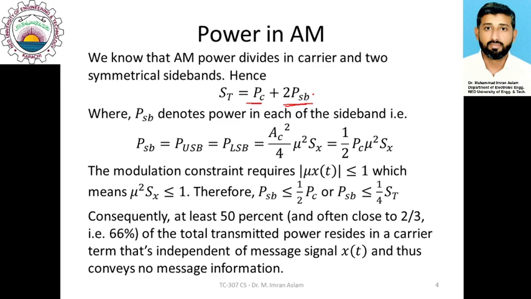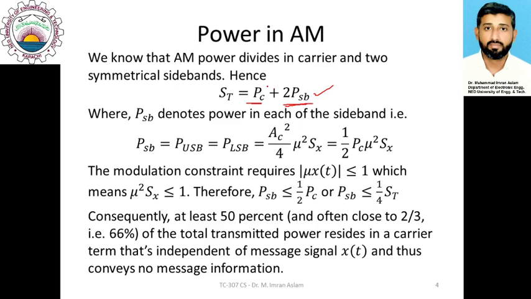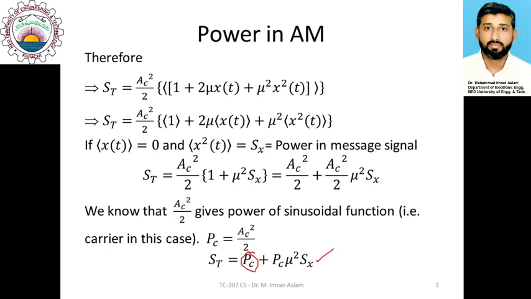If you compare this expression with the previously developed expression here, this PC is representing the carrier power, but this 2 PSB value is equal to this PC mu square Sx. So basically the power in the sideband is dependent on the modulation index mu.